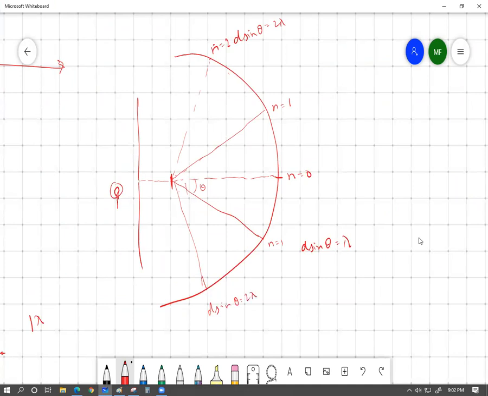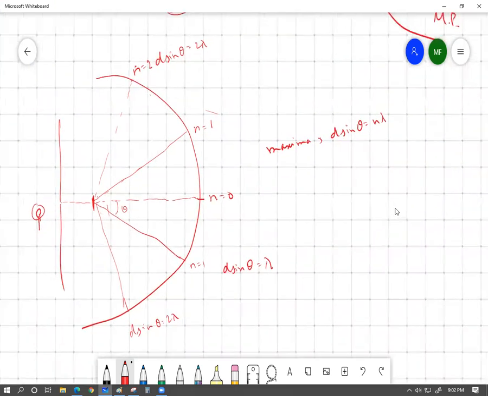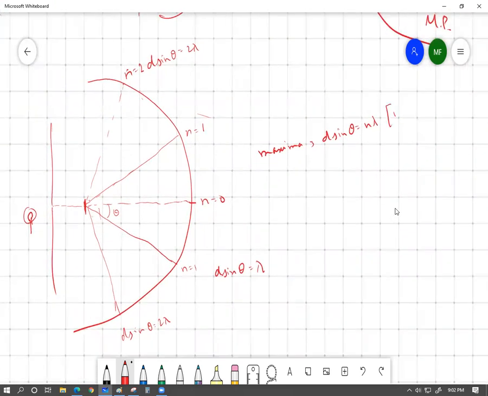So basically, if I write this whole thing in a formula format, for maxima points, d sine theta equals n lambda for the diffraction grating, where the n value equals 0, 1, 2, and so on. I have to mention 0 because it is possible. d sine theta equals 0 lambda, that point is actually which point? Central maxima. Beautiful.